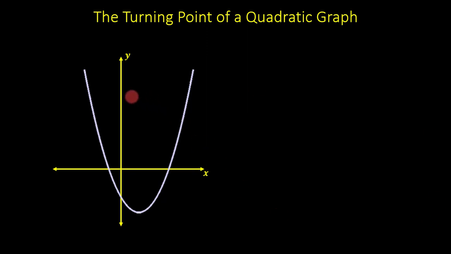Now the graph you see on the screen is a quadratic graph. If you consider the values of the function from this side, tracing downwards, what you get to realize is you have decreasing values of y, which are the values of the function.